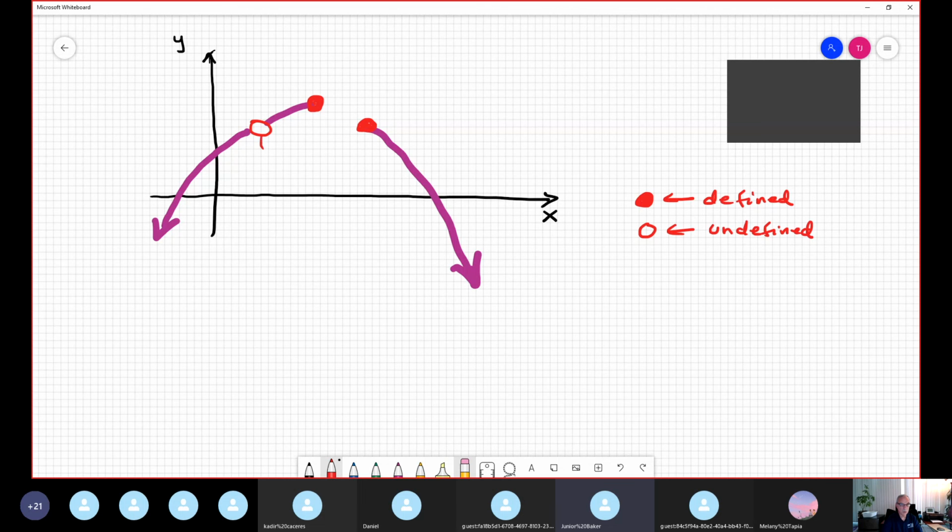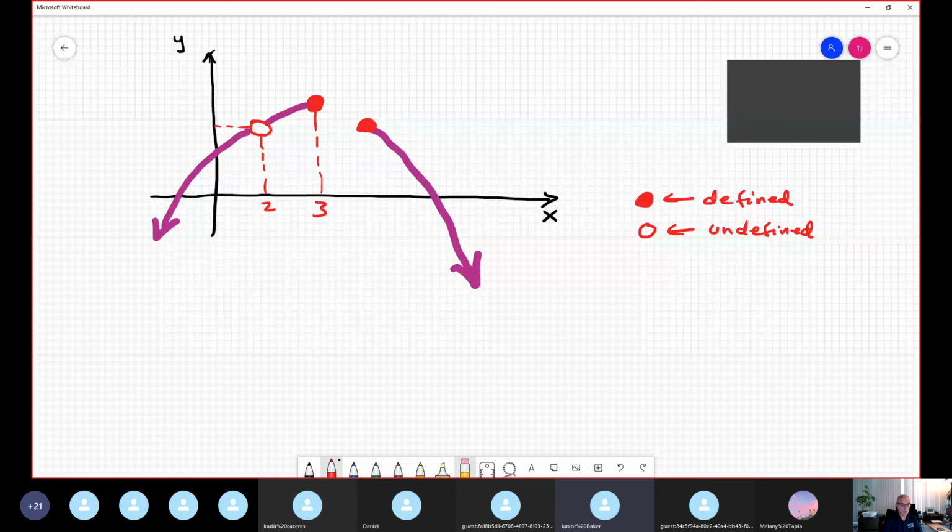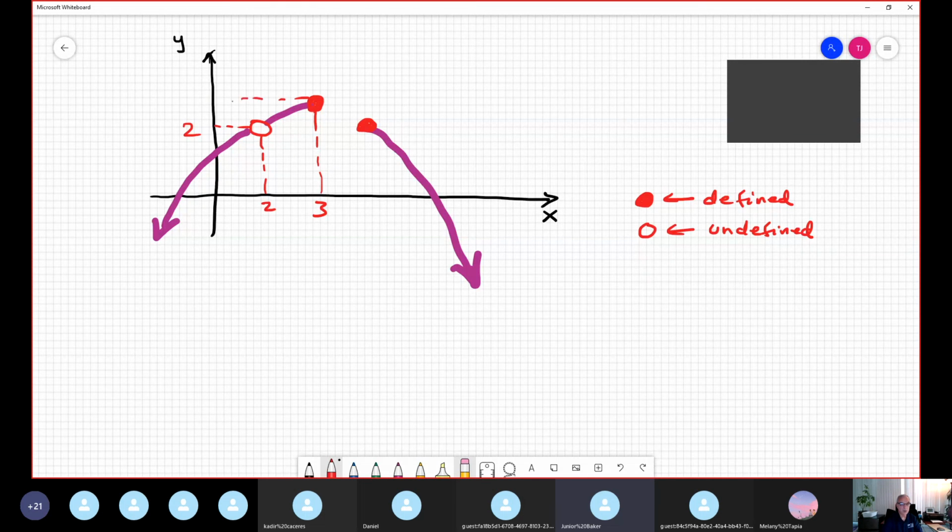Suppose that this point is 2, and suppose that this point is 3, and this point is 2.5. And by coincidence, this is the same, and this point is 4.